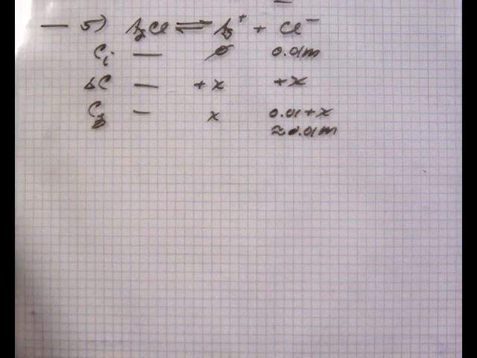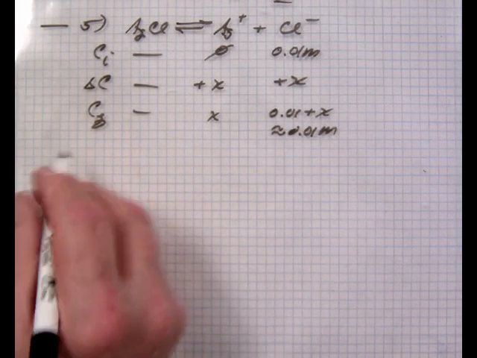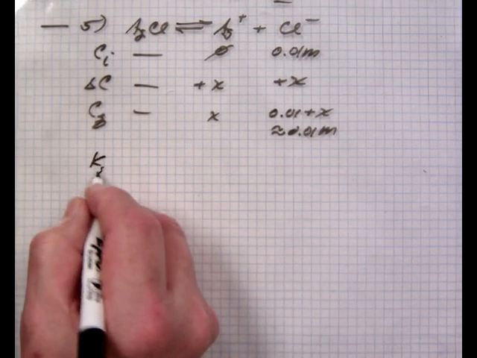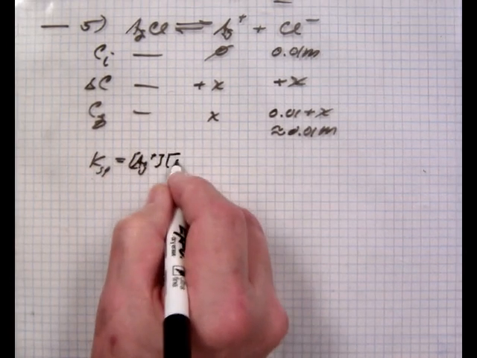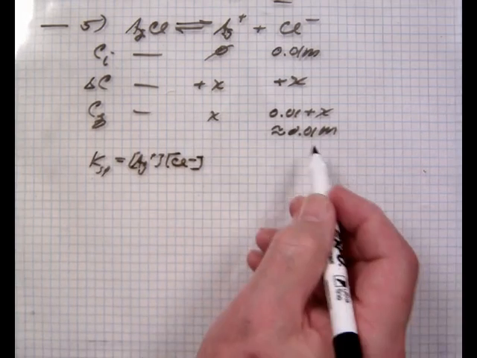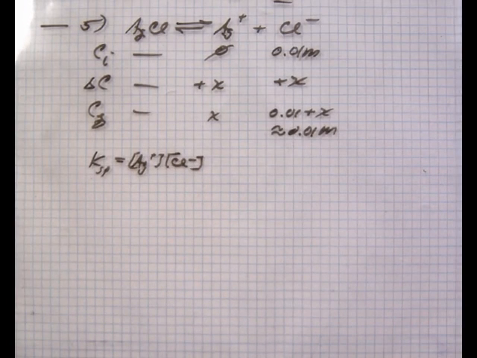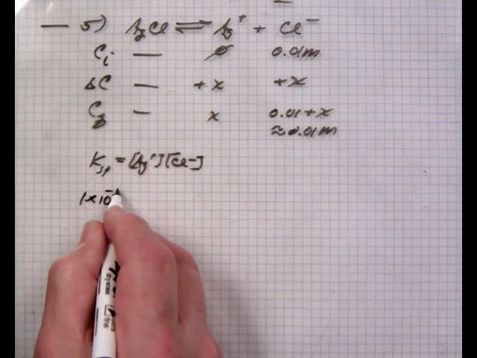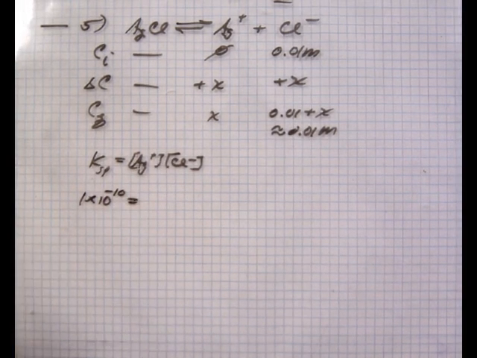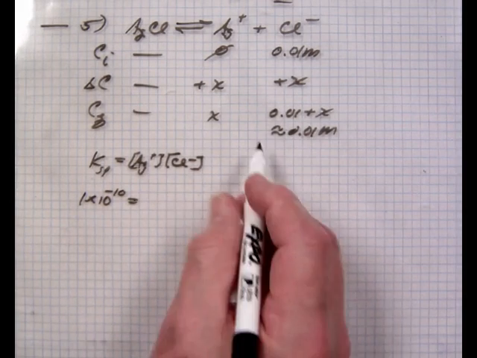Okay, so the Ksp expression is silver times the chloride, like that, and we substitute in the Ksp is 1 times 10 to the minus 10, to make calculation a little easier.